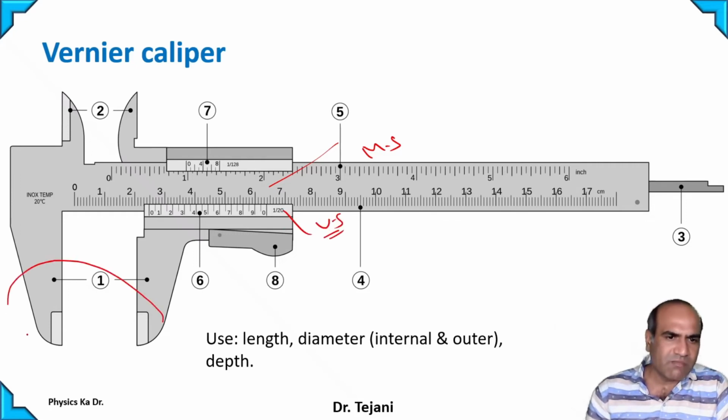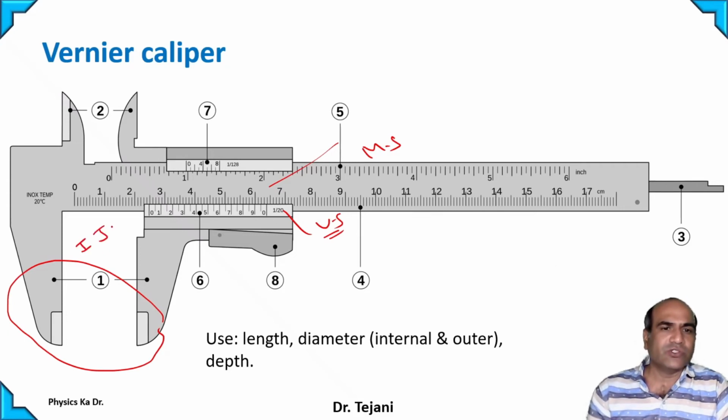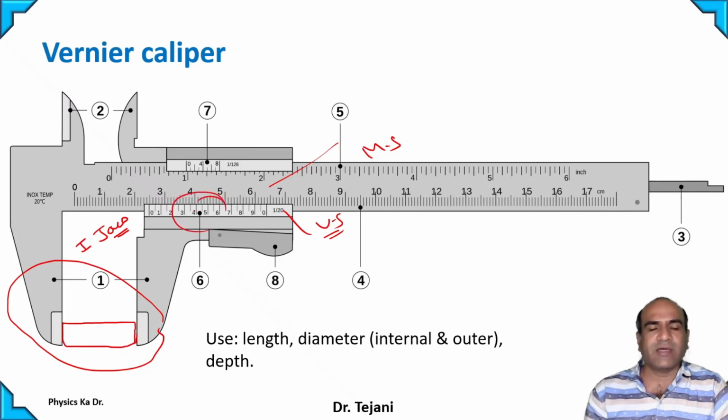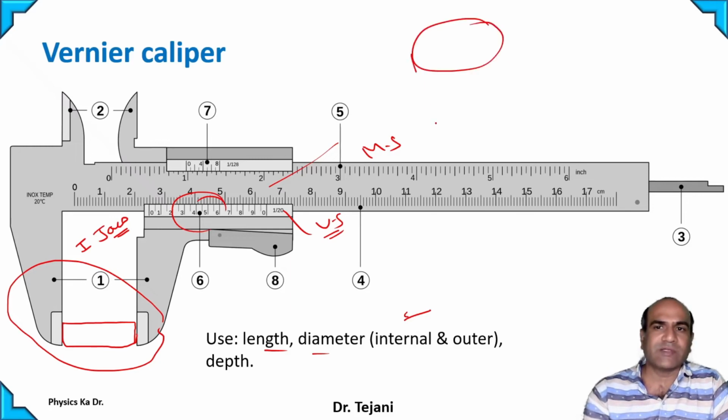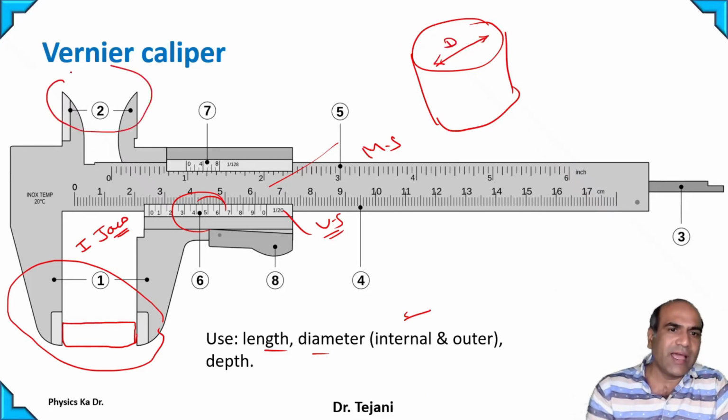Now, these are known as the internal jaws. Between these jaws we need to hold the object, and from this scale we can measure length, width, height, and diameter. But if you want to measure the internal diameter of a cylinder, for example the glass we have here, then we need the external jaw.